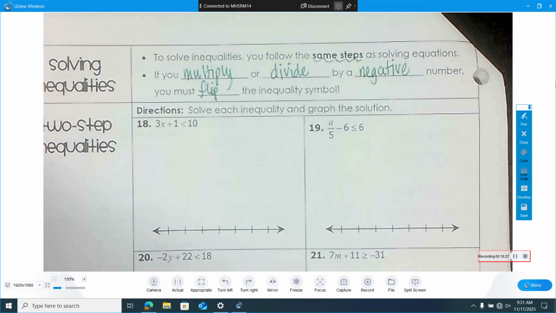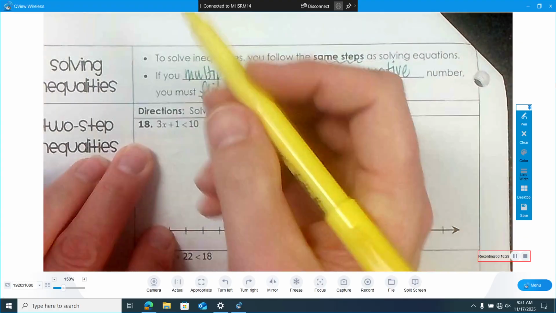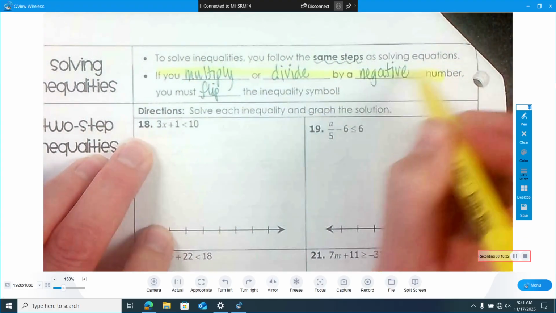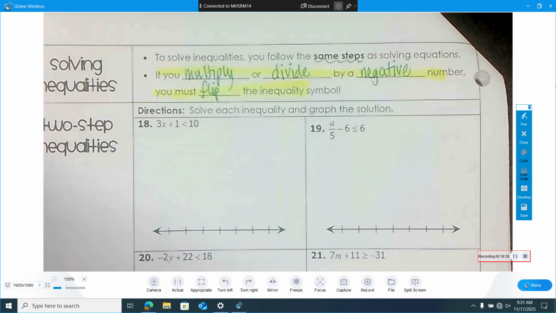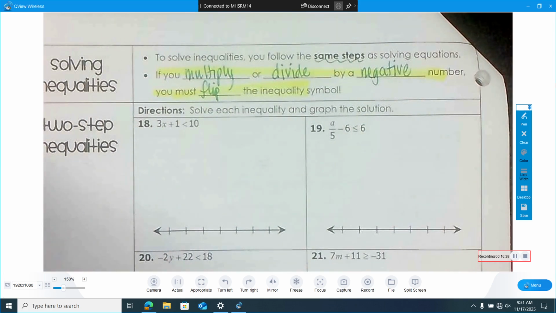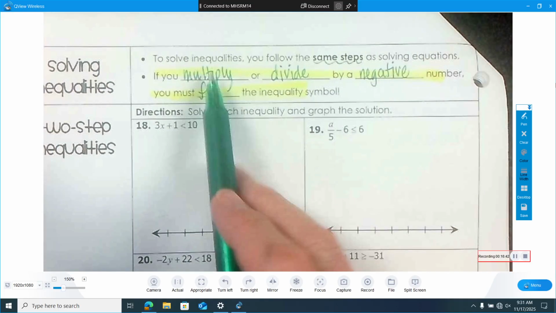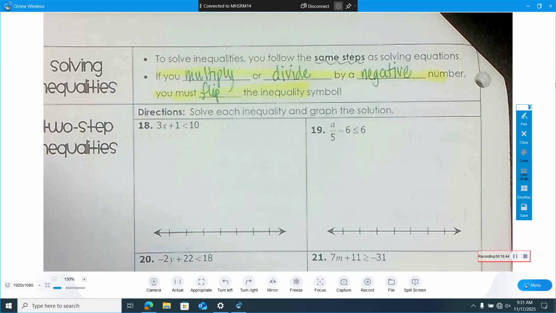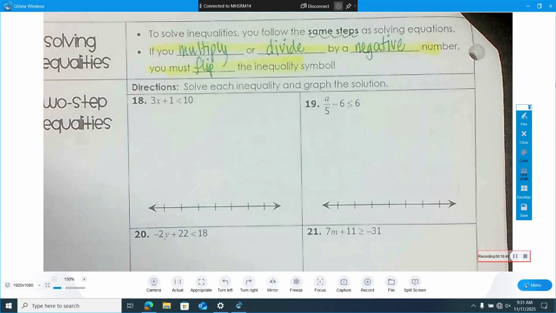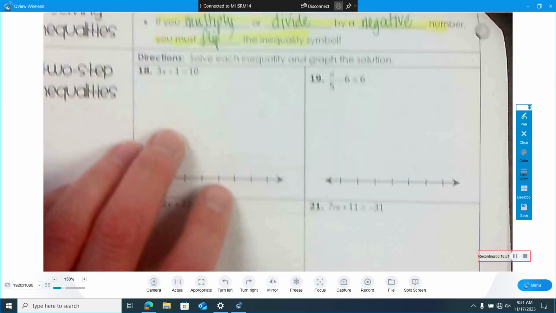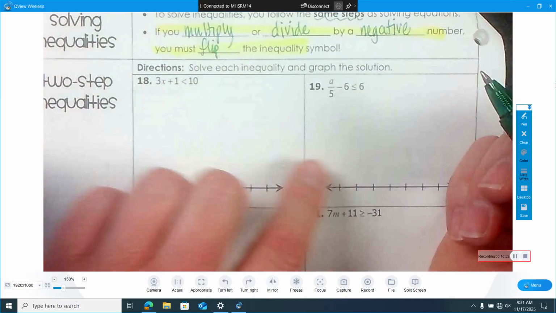This is absolutely the most important thing. That negative is going to cause your inequality to flip because it's saying the opposite of. And so we have to flip the inequality symbol. So anytime you multiply or divide, we're going to flip that inequality symbol. So let's go ahead and look at number 19.